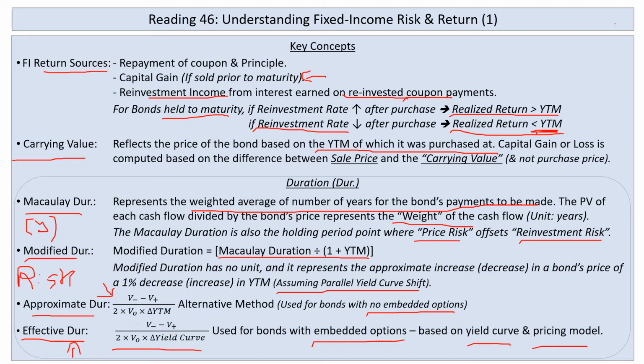This is what we mean by based on the yield curve, because the yield curve might not be very clear, and based on the pricing model as well, because the pricing model would dictate that the bond's price would not move outside a certain range. It cannot go above the call price and cannot go below the put price, and those two would represent, if you want, caps and floors on the numerator over here.